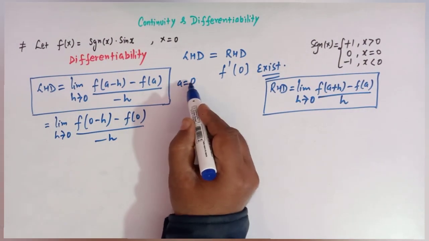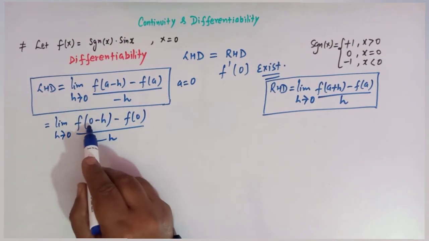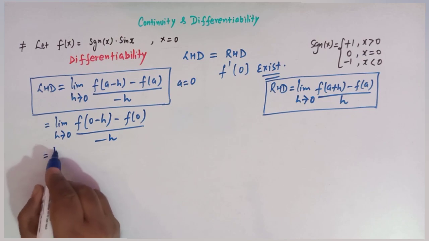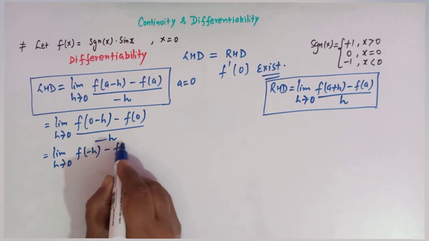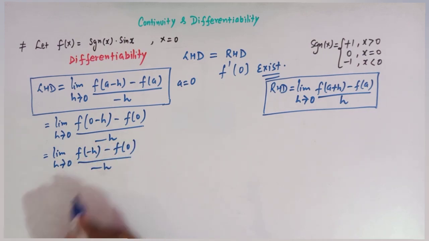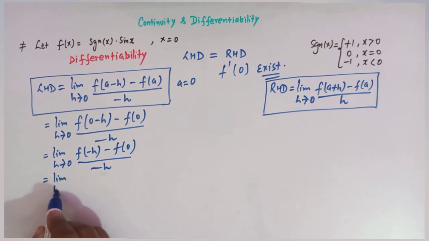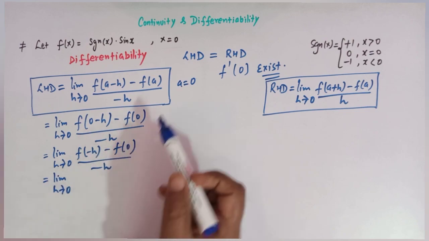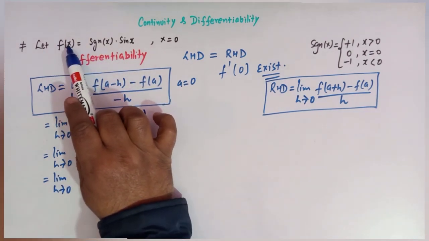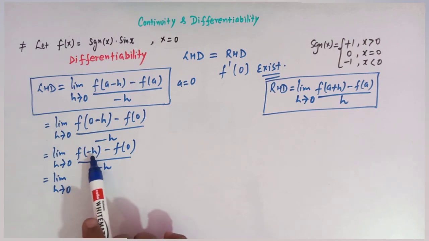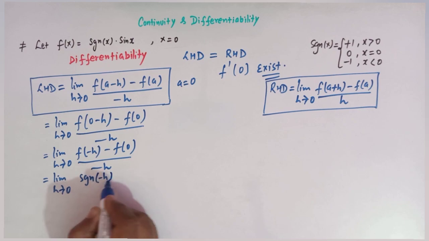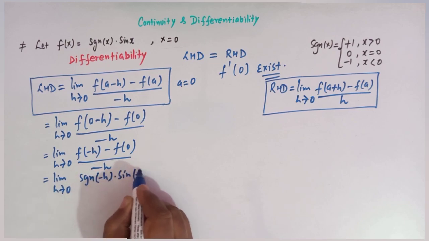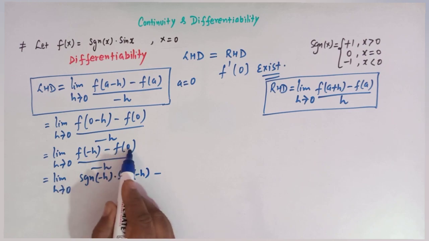For a we have substituted 0, so this is the limit h tends to 0 of f of minus h minus f of 0 divided by minus h. Now from this function, if we replace x by minus h, we will get signum of minus h, then sine of minus h, and minus f of 0.